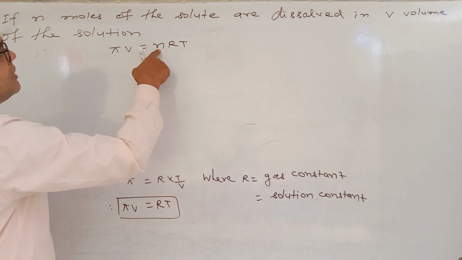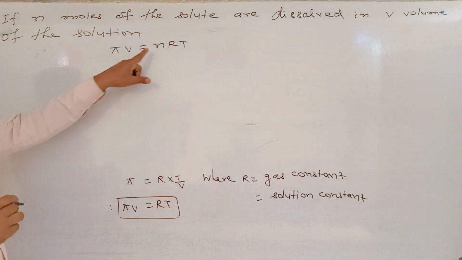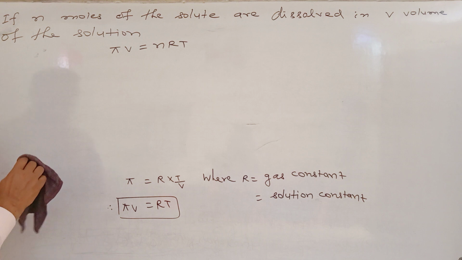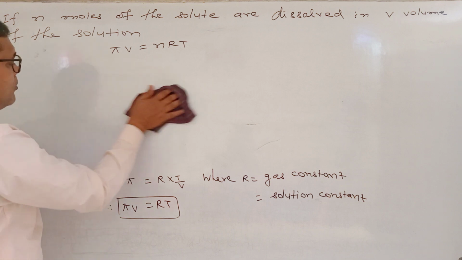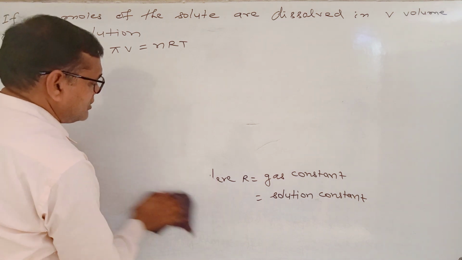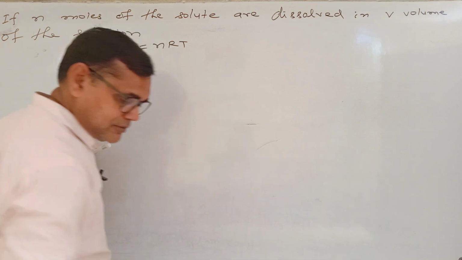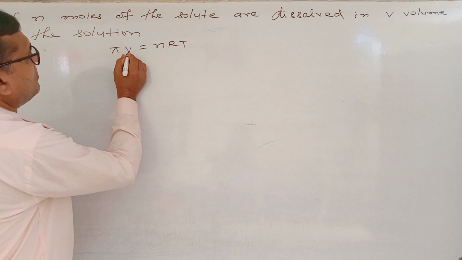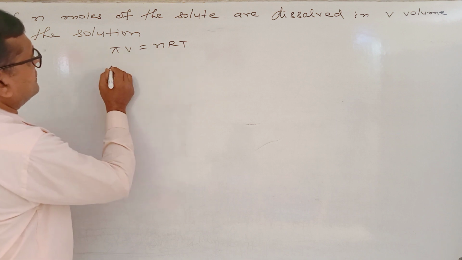Here we multiply by n. This indicates the number of moles present in the solution. Now this V moves to the right.